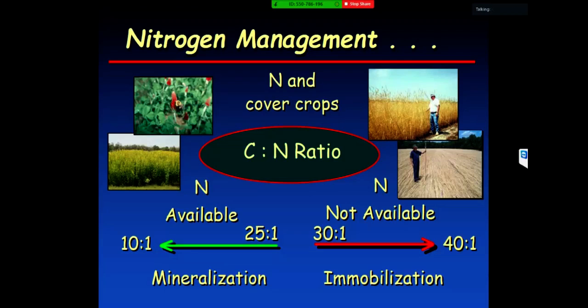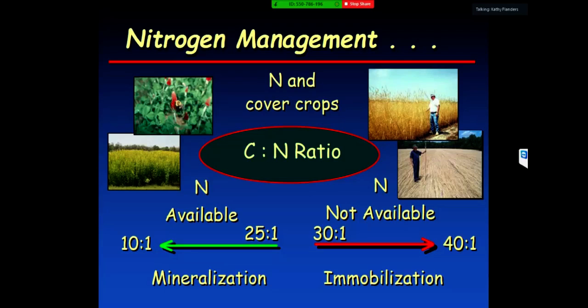I also mentioned maximizing the nitrogen benefits, synchronizing the nitrogen release with when the crop needs it, and to know the difference between some of the crops that may immobilize nitrogen, like most of the grass cover crops, rye and wheat and so on, which will tie it up, and the legumes that will tend to release it a lot easier.